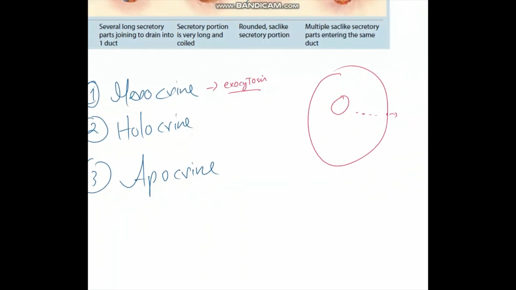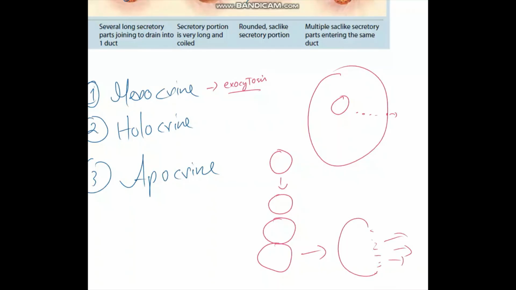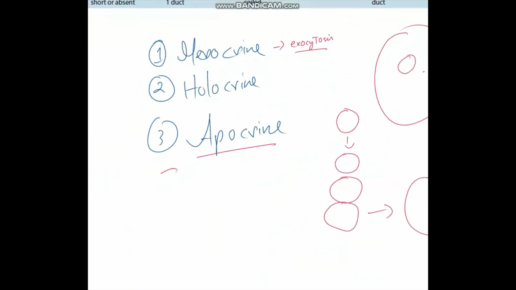So for example, this would be a small cell, and then it keeps on accumulating the stuff that it's supposed to secrete, and then it keeps on getting bigger and bigger and bigger, and at the end it just bursts. So cell lysis, and then it releases its contents, and this results in the bursting of the cell while releasing the contents. And then apocrine secretion would be something like, for example, we've got a cell, and this sort of pinches off a part of it, including its cytoplasm.